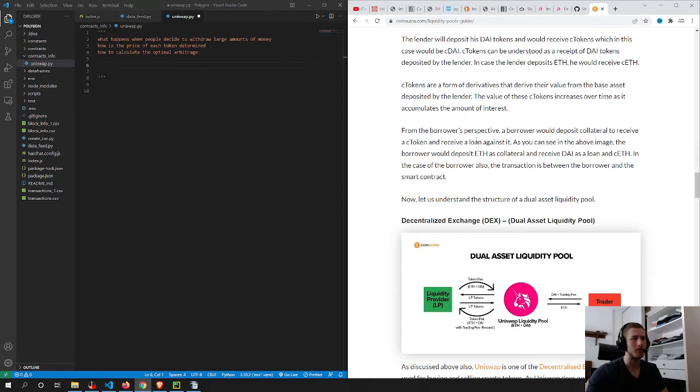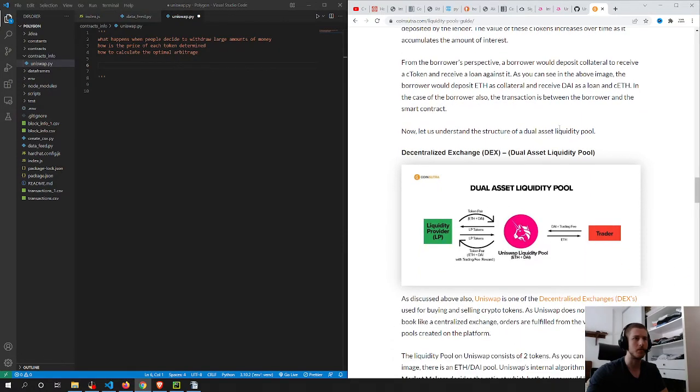From the borrower's perspective, a borrower would deposit collateral to receive a C token and receive a loan against it. As you can see in the above image, the borrower would deposit ETH as collateral and receive DAI as a loan, and C ETH. In the case of the borrower, also, the transaction is between the borrower and the smart contract.